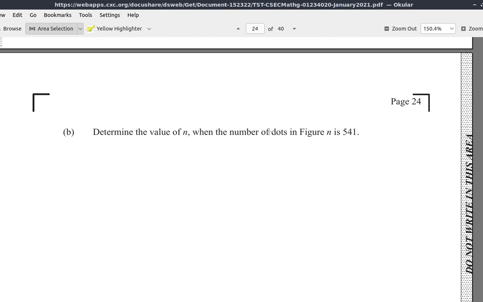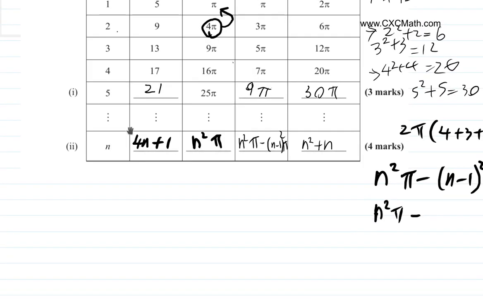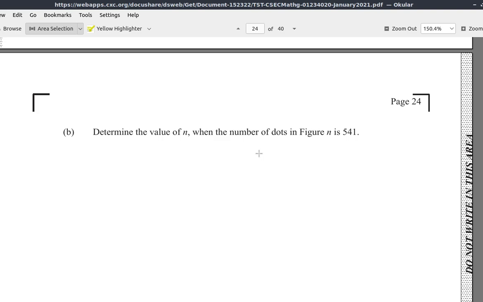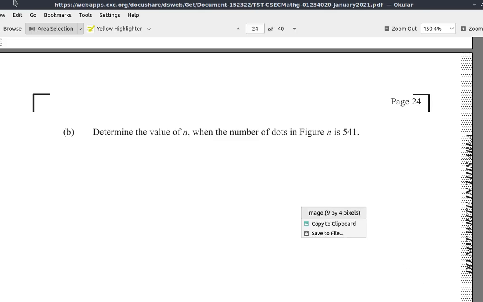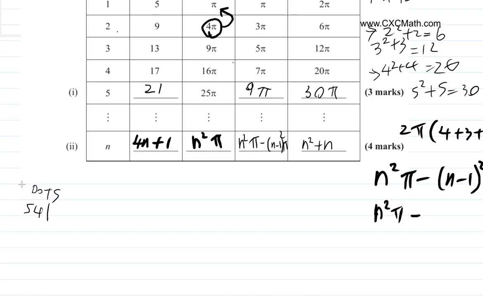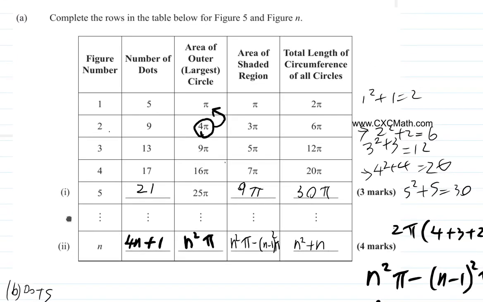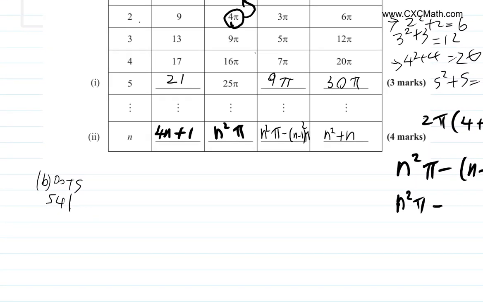So 541 is the figure that we're given. Alright? So 541. Determine the value of n when the number of dots. So that is which part of the question? B, part B. 541. So number of dots 541.